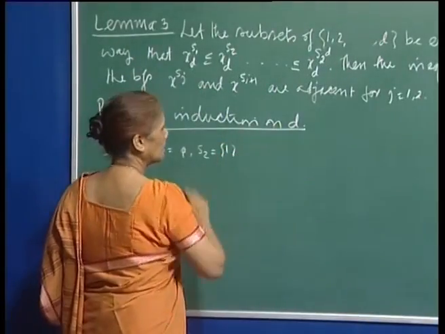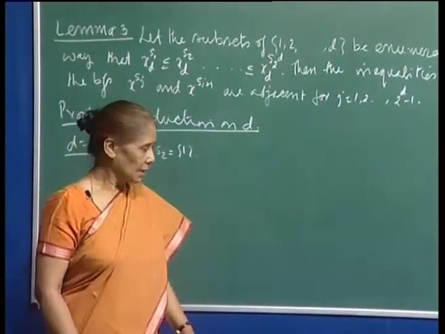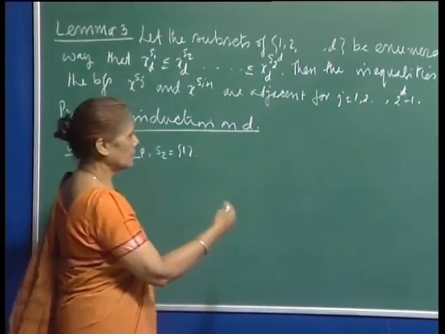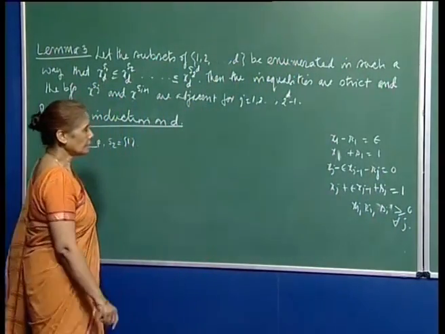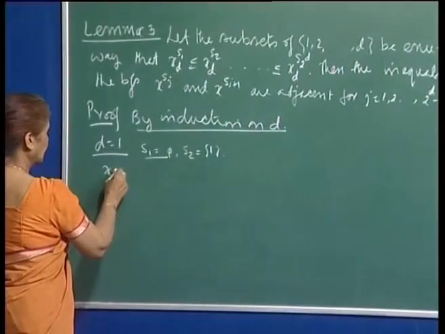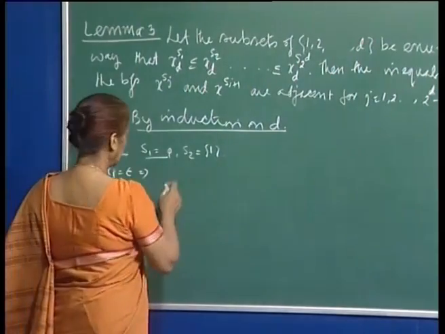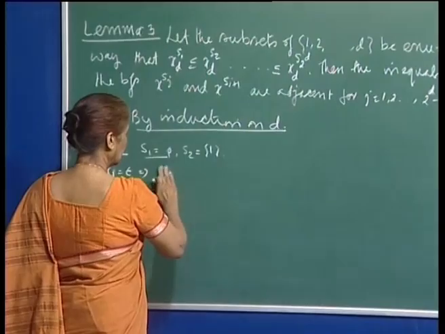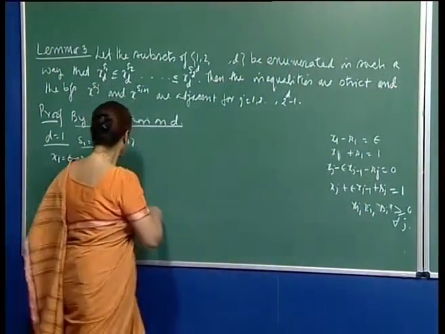Corresponding to S1, r1 is 0, so x1 is equal to epsilon, and of course r1 is 0, and s1 will be 1 minus epsilon.